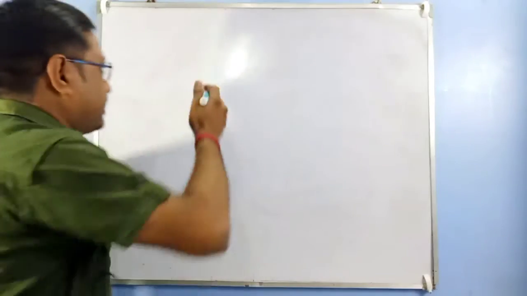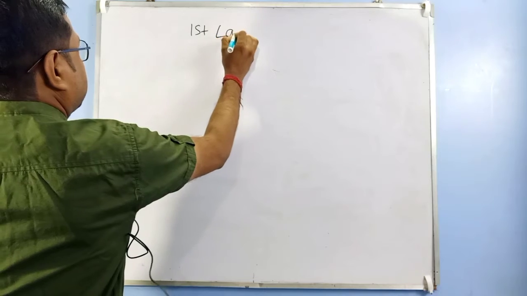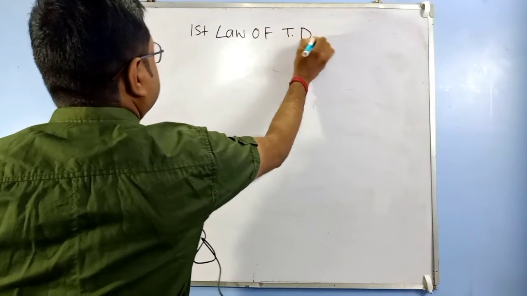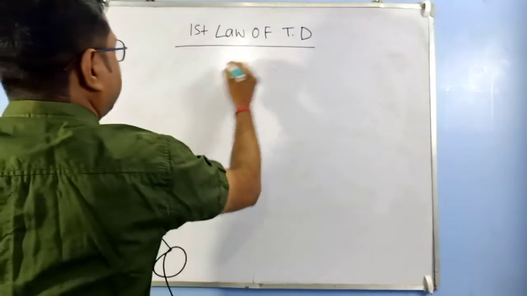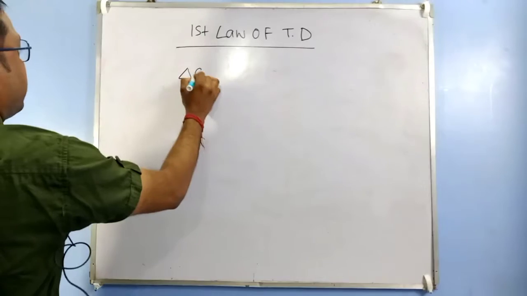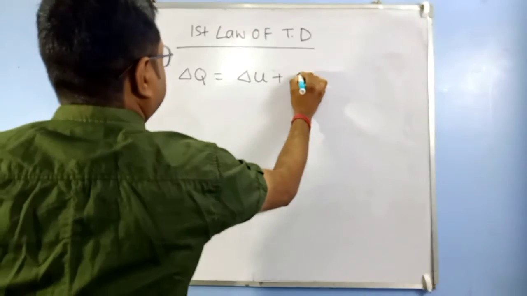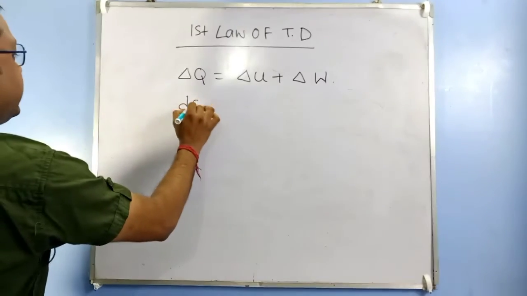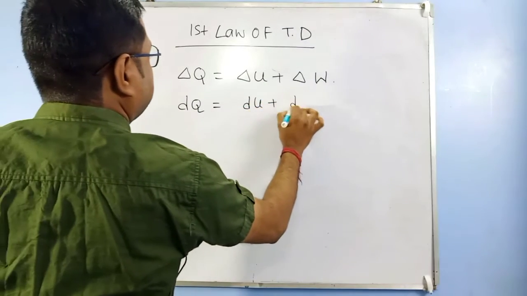We all know that the basic equation of the first law of thermodynamics is del Q is equal to del U plus del W, or in some books this is written as dQ is equal to dU plus dW.